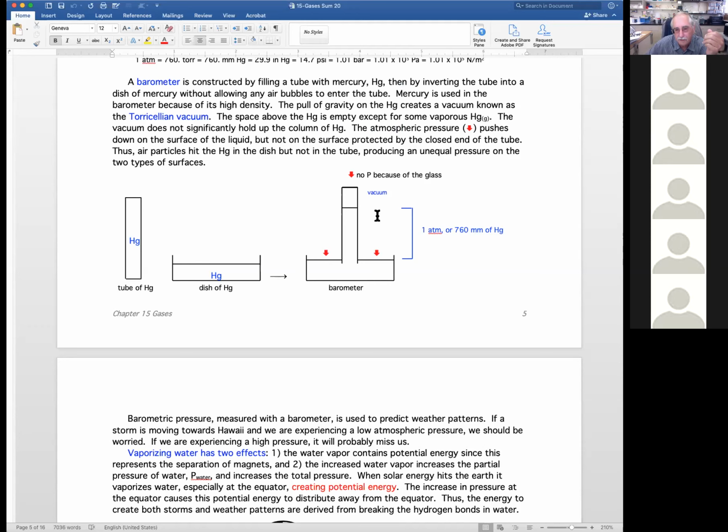The pressure from the atmosphere is hitting on here, in here, but it's not able to hit on this surface area. It's protected by the glass or the metal, whatever it is. If I put a hole here, then gas particles go in here, and they put the same pressure inside here as they do out here, so the pressure would be the same.